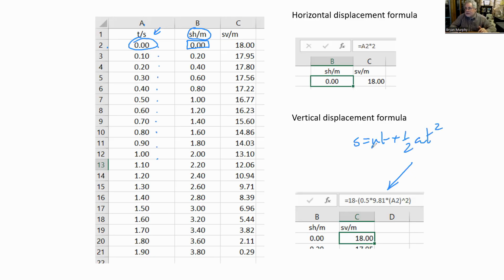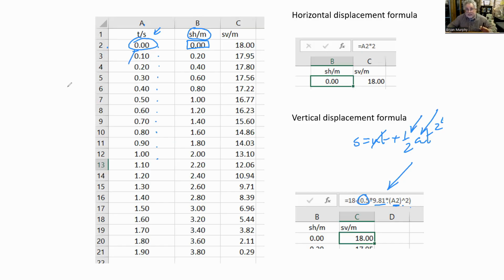U, the initial vertical velocity, is 0, so I don't care about that. All I'm trying to find is 18, the initial, minus the displacement, 0.5 times the acceleration times t squared. So there's my 0.5 times the acceleration times the time, cell A2, caret 2 squared.